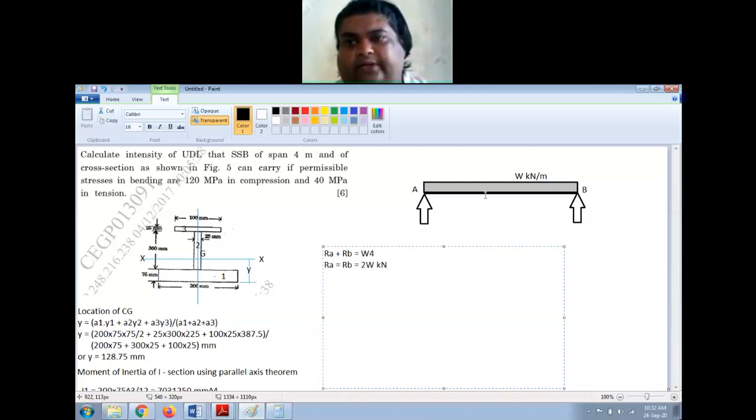Because I have taken kilonewton per meter here, whatever W you get will be in kilonewton per meter in the end. Now I have the reactions.